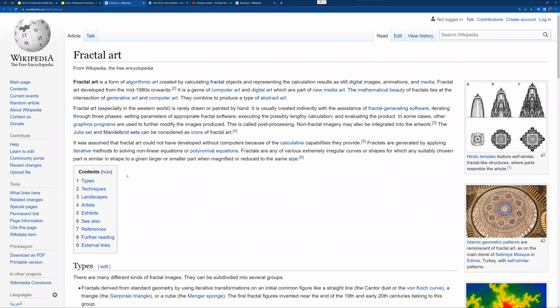So these are what we have for recursive functions.